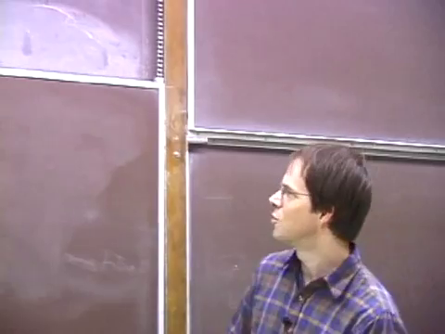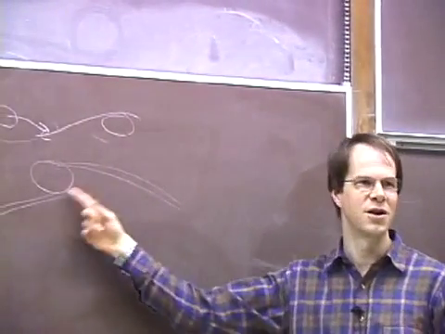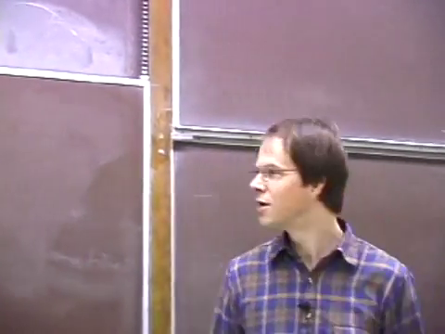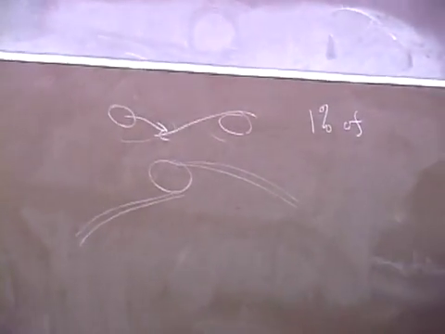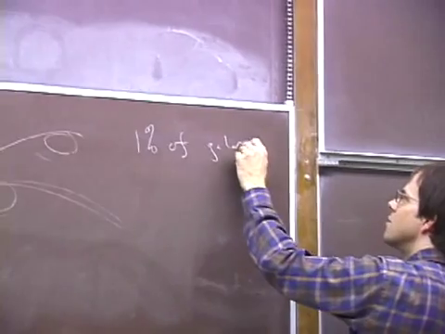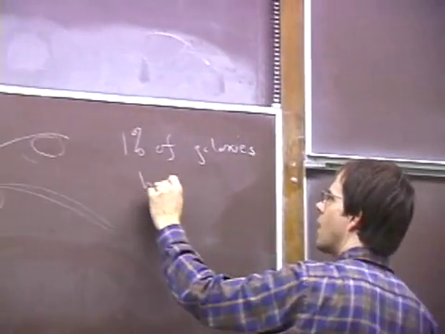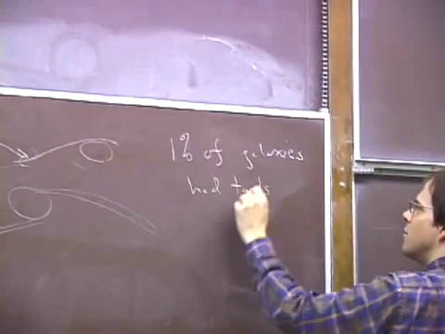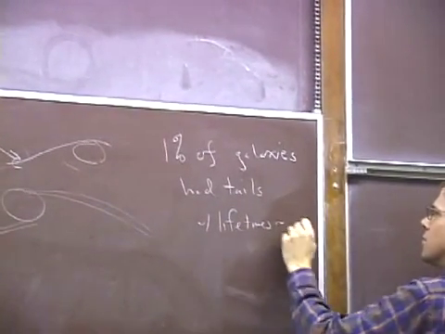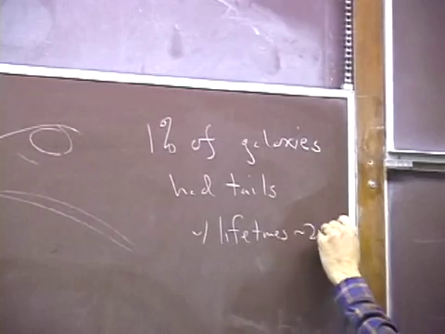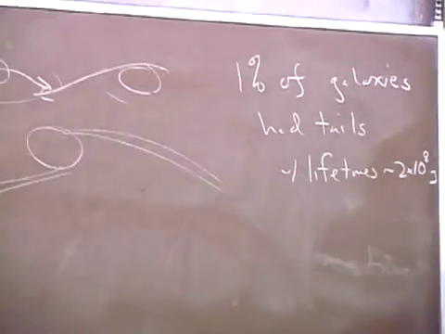And he did computer simulations to ask how long the tails would be visible. And he found that about 1% of bright galaxies had tails with lifetimes of order 2 times 10 to the 8 years, 200 million years.